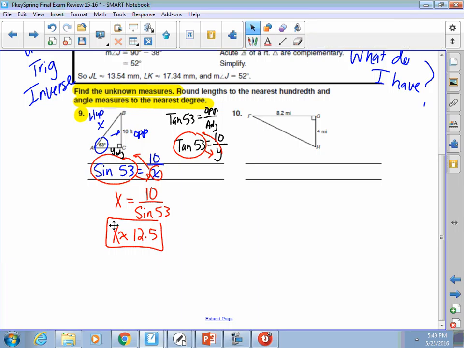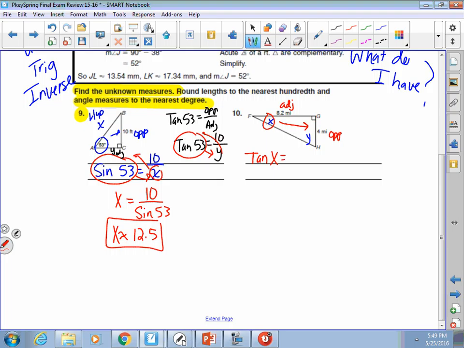Now, the other thing I wanted to do is find missing angles. So assume like we're trying to find x and y here. So we're going to do the same thing we normally do. Circle the angle. Label the parts. This would be opposite. This would be adjacent. So basically the tangent of x is 4 over, I believe it is, 8.2.